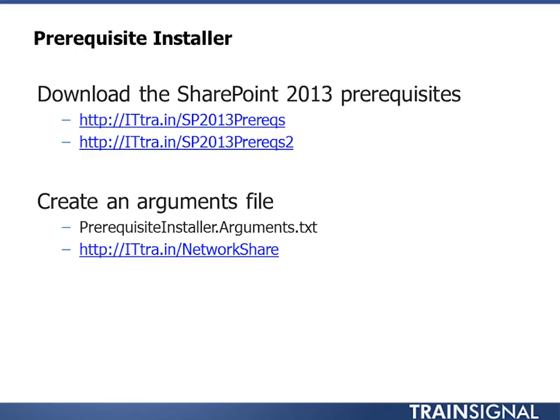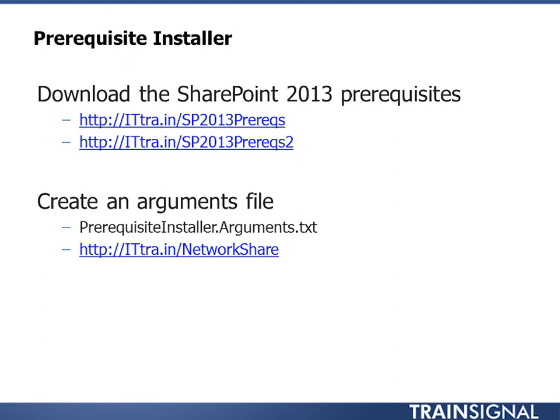Well, if we want to automate the prerequisite installer, we can do this by downloading all the prerequisites in advance and then executing the prerequisite installer with either a series of individual switches telling it where each file happens to be, or we can create an arguments text file with the list of all of the switches.